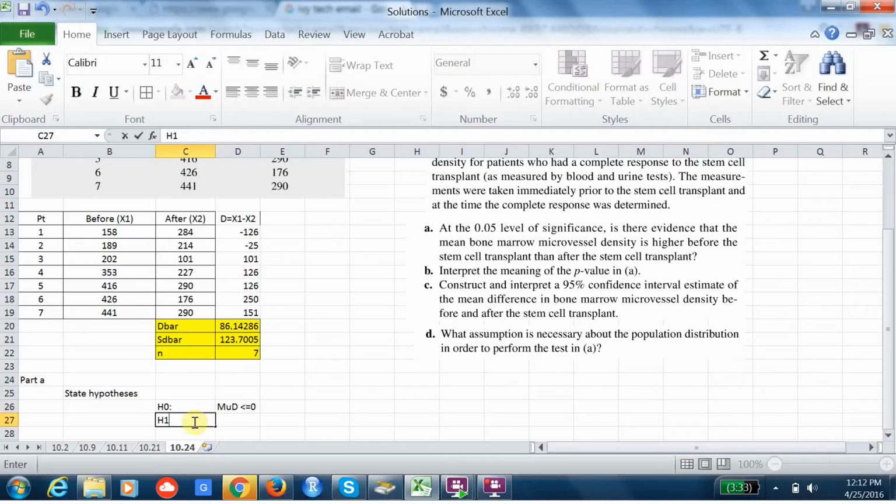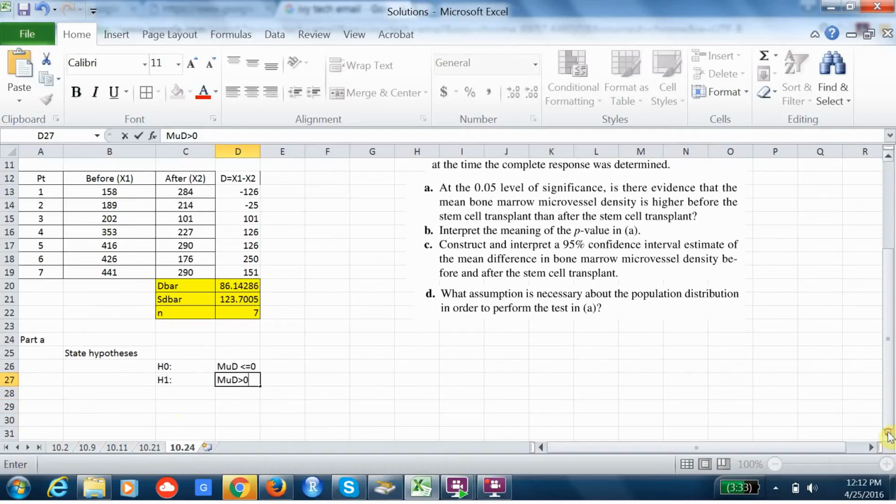Okay. And the alternative, what we're testing to see, is if the mean of the differences is positive. So we're doing an upper one-tailed test.